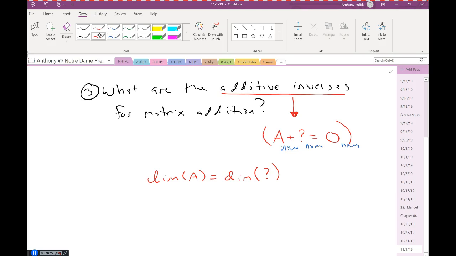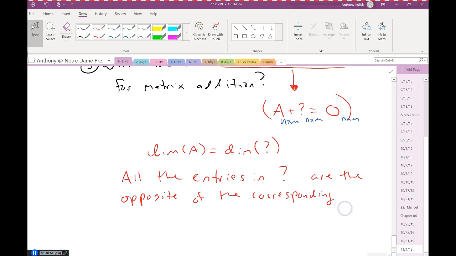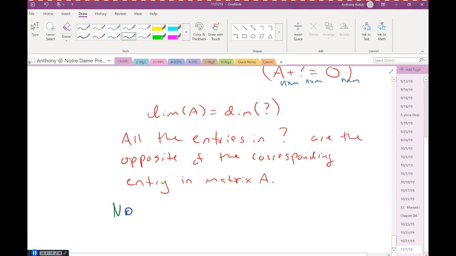Exactly. So they'd have to be the opposite or the negation of the corresponding entry in matrix A. Yes, all the entries in the question mark are the opposite of the corresponding entry in matrix A. So a little bit of notation here.